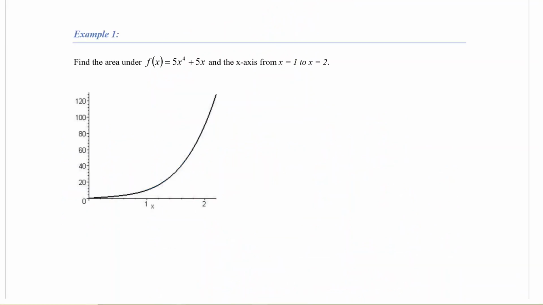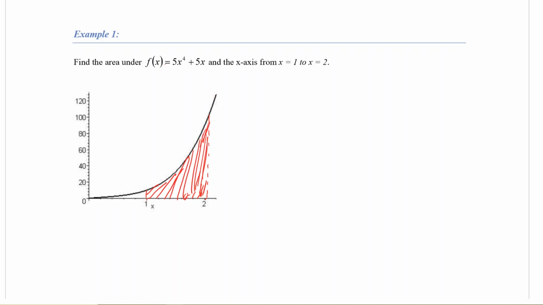Find the area under f(x), where the function is given, and the x-axis from x equals 1 to 2. This one is our type 1 problem. So we're going to figure out the area from x = 1 to 2, between the function and the x-axis.